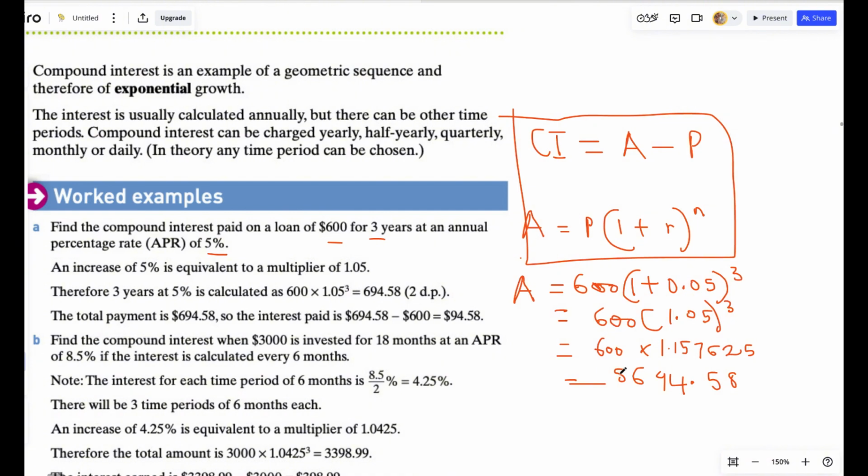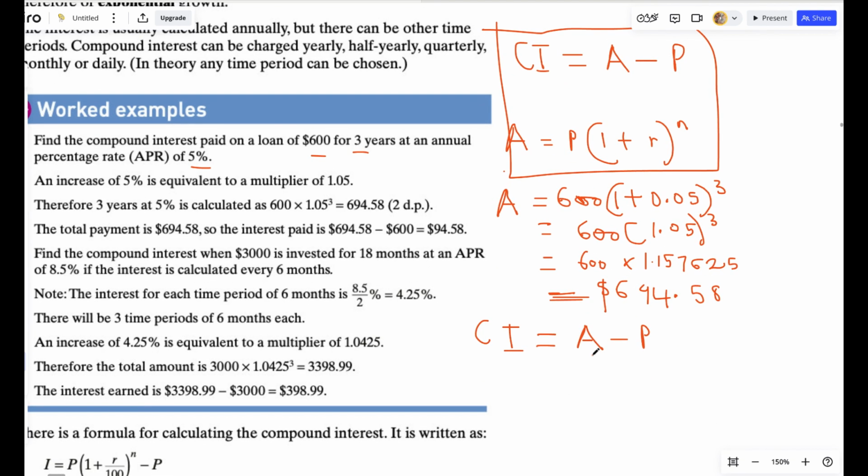Remember, this is not what they asked us to look for. We just calculated the amount. Now remember, they asked us to calculate the compound interest. Compound interest is the amount minus the principal. So we say 694.58 minus 600.